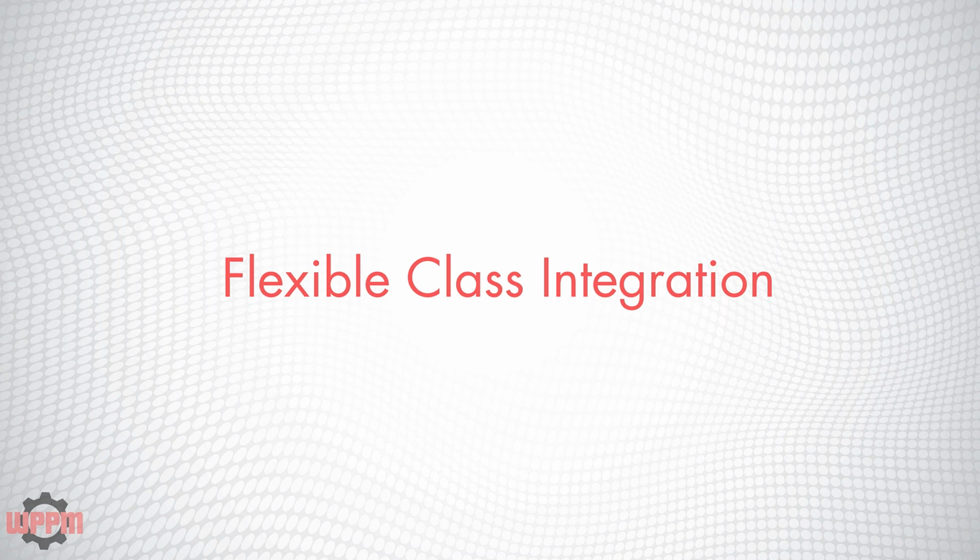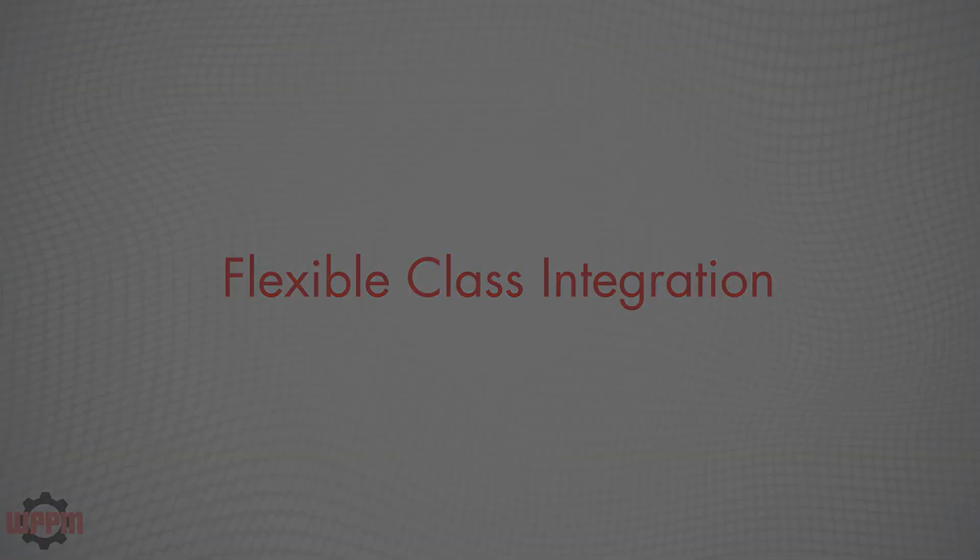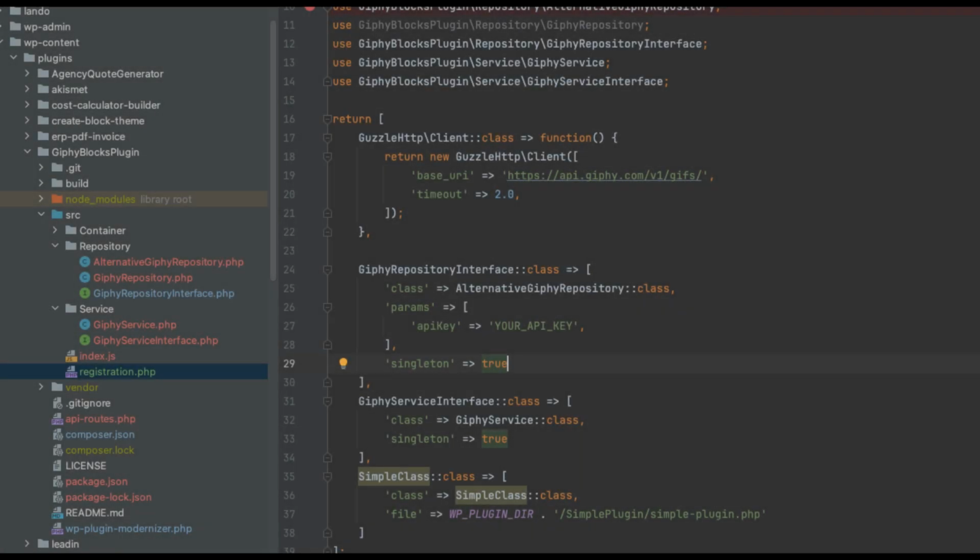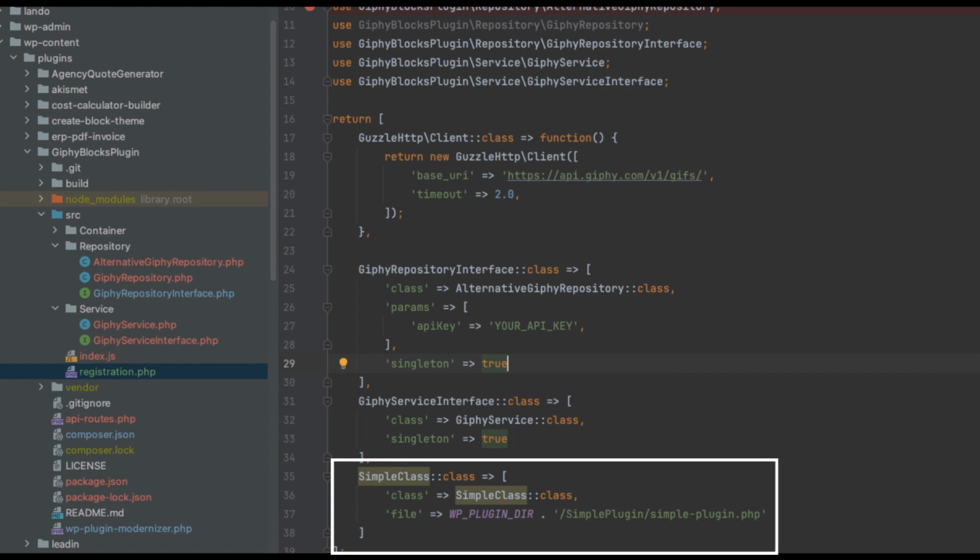But WPPluginModernizer provides support for external non-PSR4 enabled classes for those occasional situations where a hook isn't available, requiring you to call a particular external method directly. As you can see in this example, we're registering an example non-PSR4 enabled external class with the DI container. Providing this feature enables you to manage these external dependencies with the DI container in a way that adheres to modern development practices.